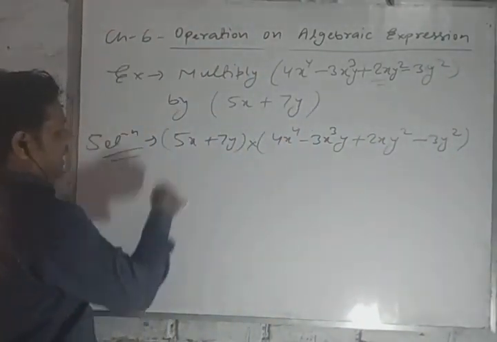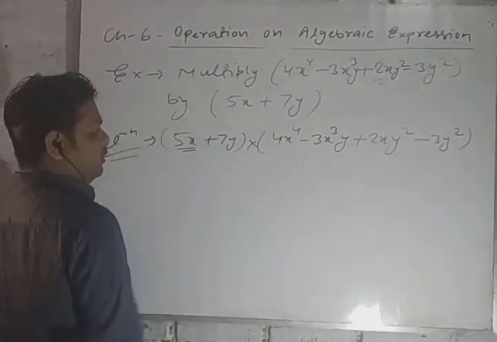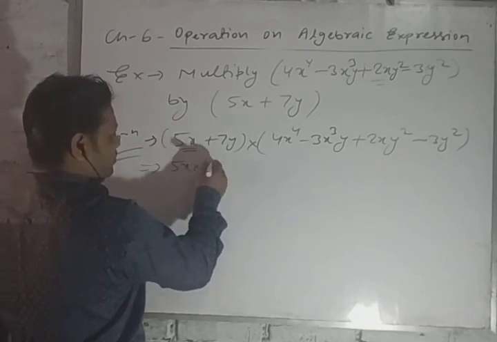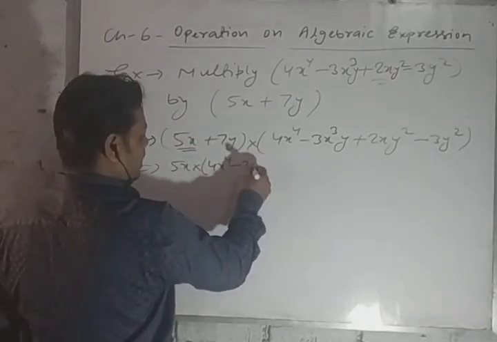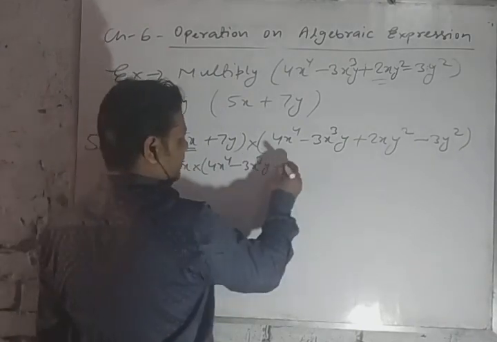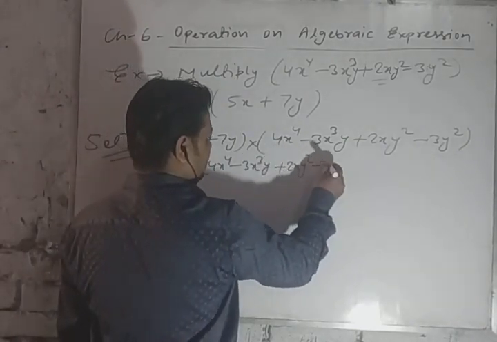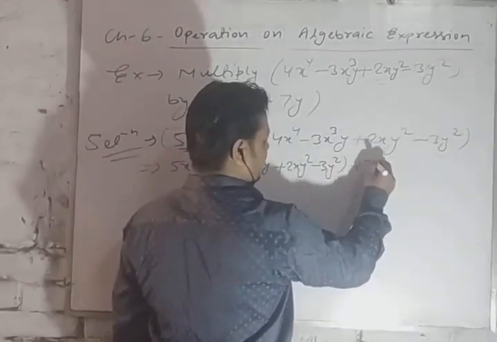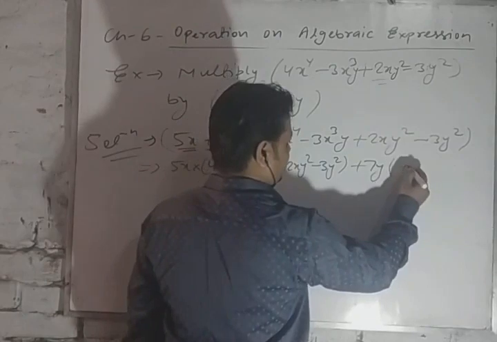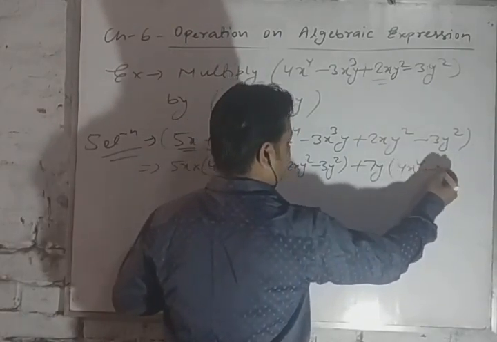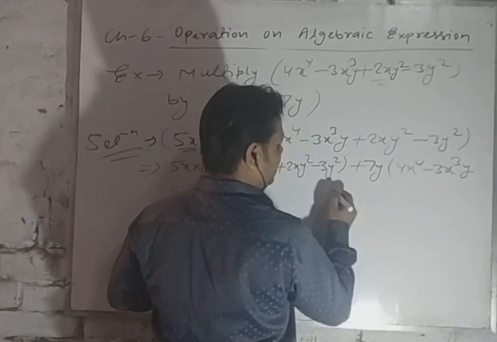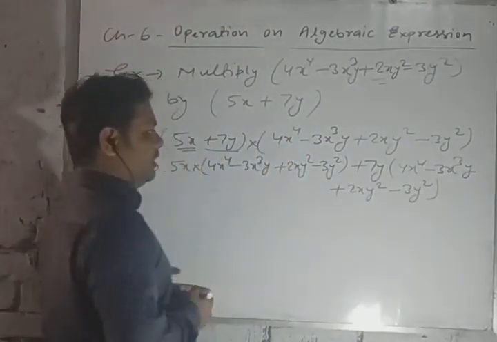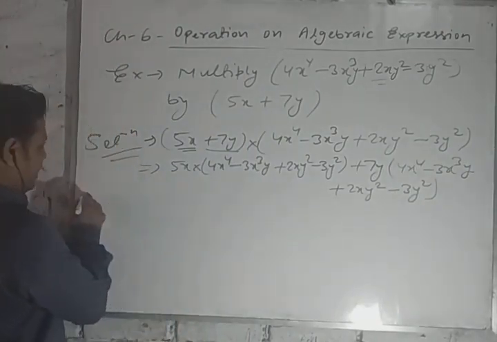At first we have to multiply all the polynomial with 5x by the distributive law: 5x into (4x to the power 4 minus 3x cube y plus 2xy square minus 3y square), and again plus 7y, so here we will write plus 7y into the same expression: (4x to the power 4 minus 3x cube y plus 2xy square minus 3y square). Now one by one I am going to multiply it.